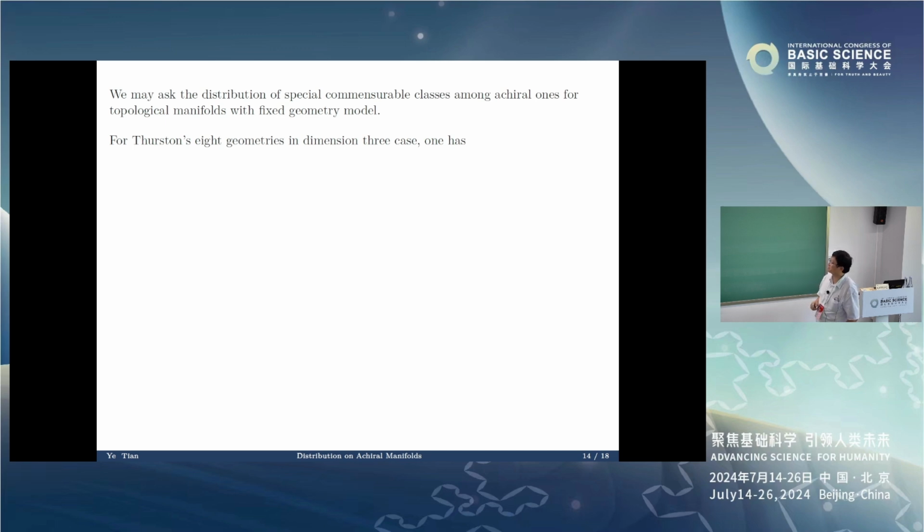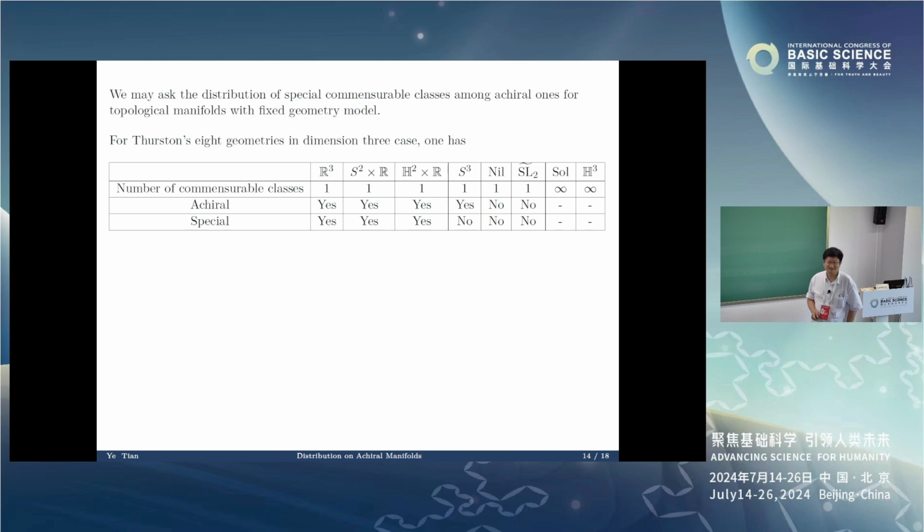And if you look at the eight geometries in three dimensions, there are eight cases. For the first six cases, there is only one commensurable class, and it's easy to say which case is achiral and which case is spatial.